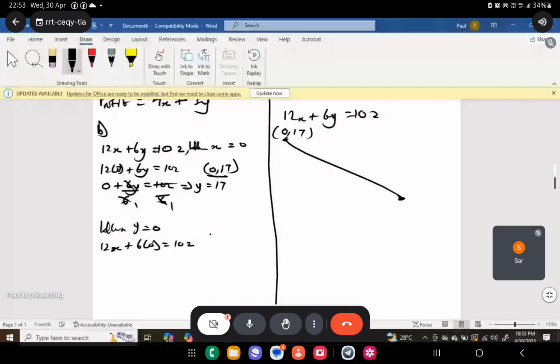So we'll get 12x plus 0 being equal to 102. You divide it by 12, divided by 12. This cancels it. Our x becomes 102 divided by 12, which is 8.5.